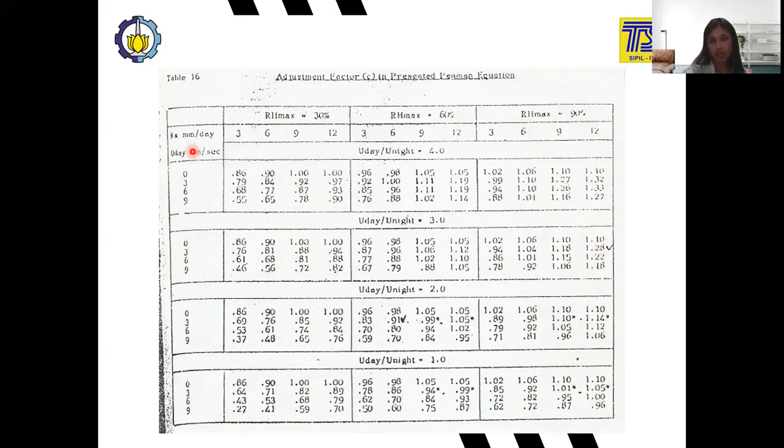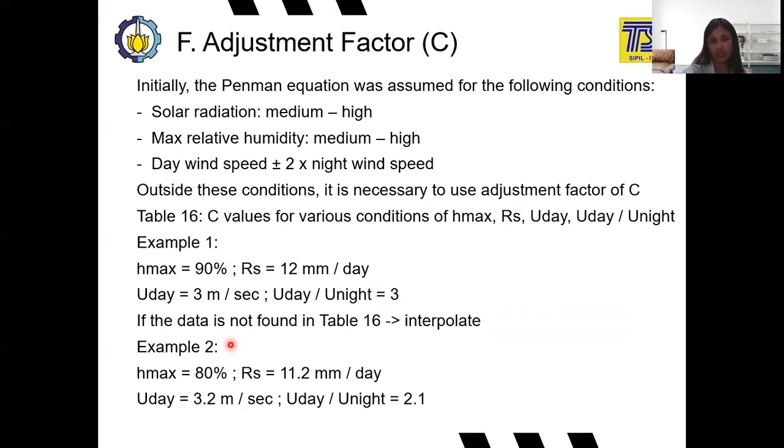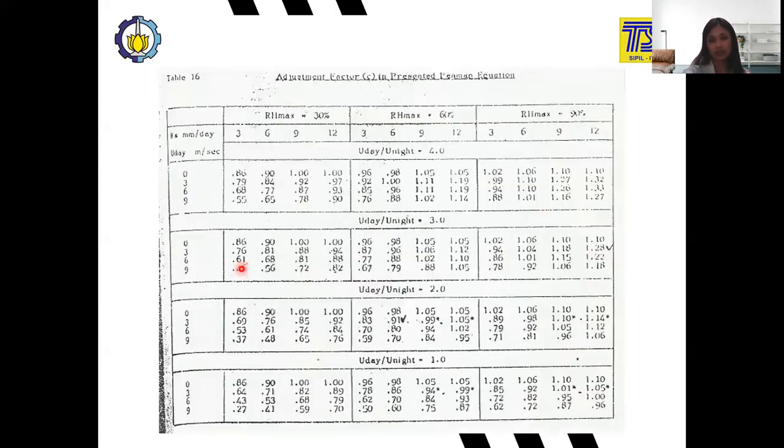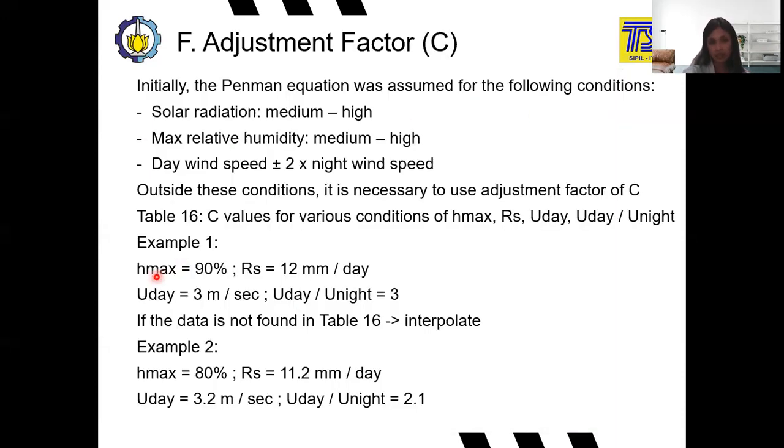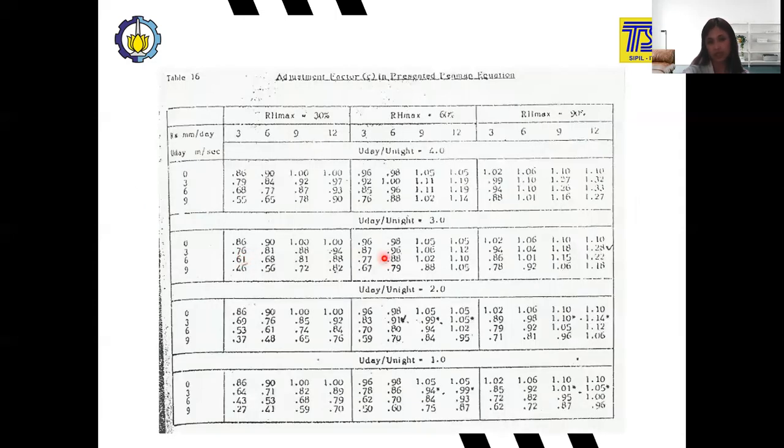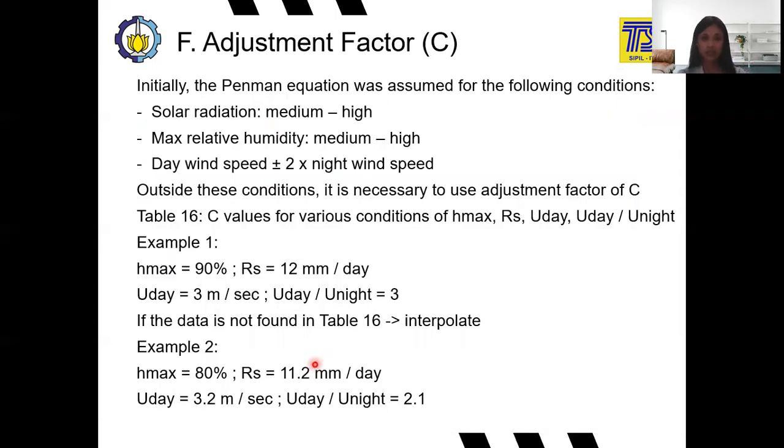And then we have the U-day of 3 meters per second, the velocity of the wind in the day, and then we have the RH maximum of 90%. Here the Rs, we have, for example, 12 millimeters per day.